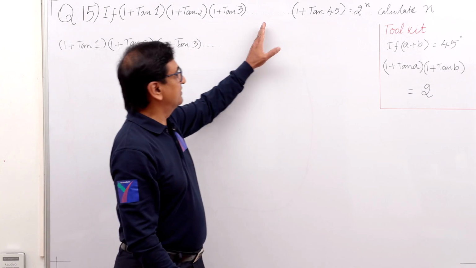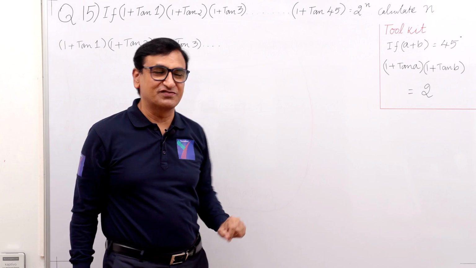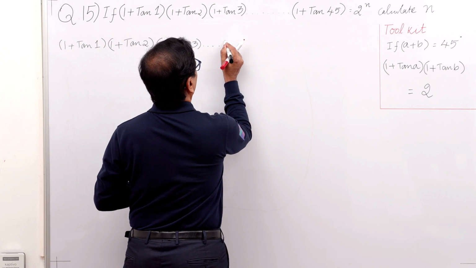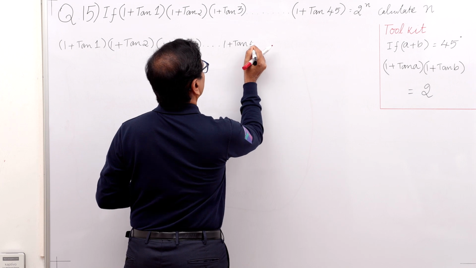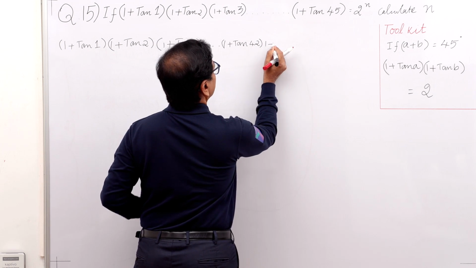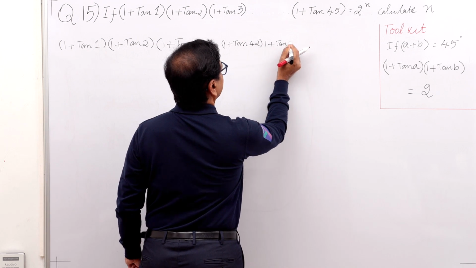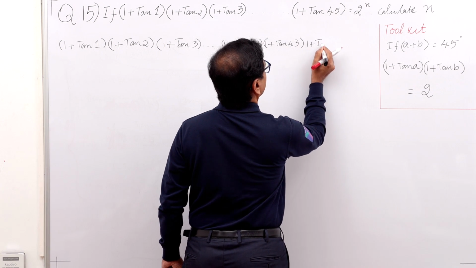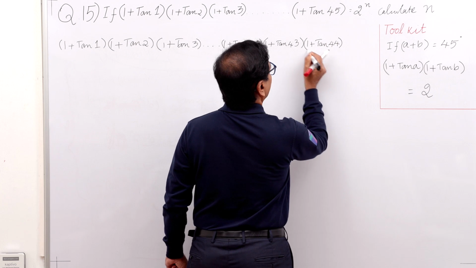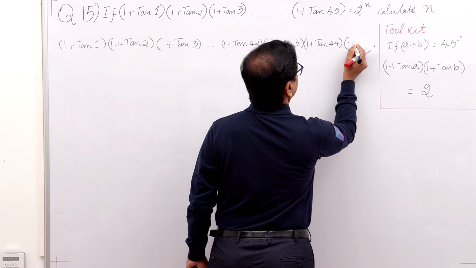Now let me add a few more terms before 1 + tan 45. Let me add (1 + tan 42), (1 + tan 43), (1 + tan 44), and finally we have (1 + tan 45).